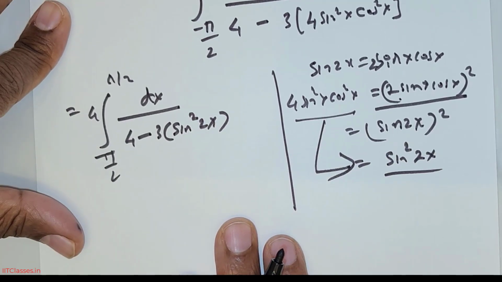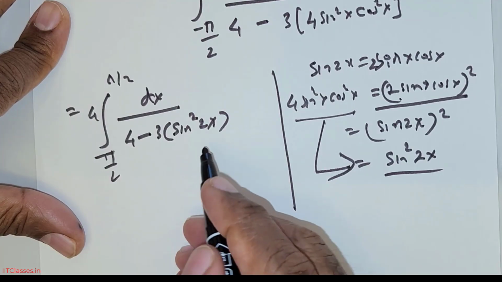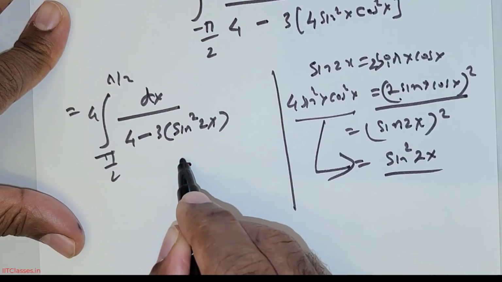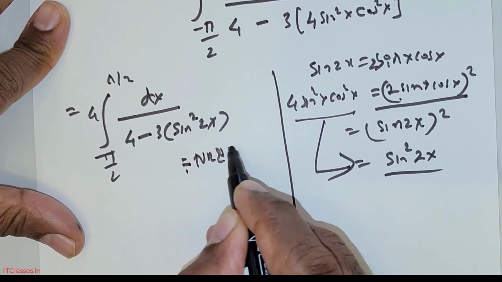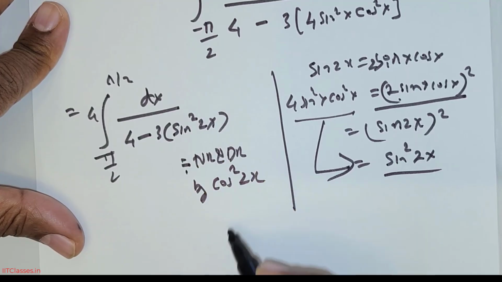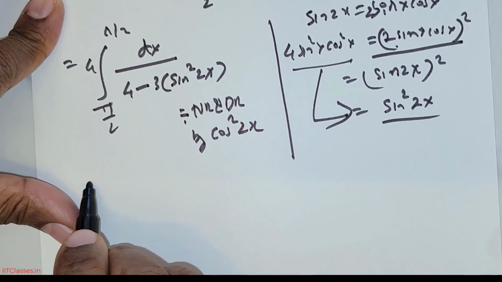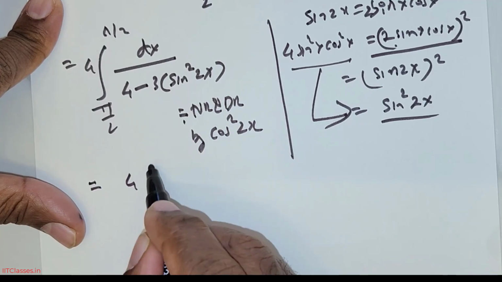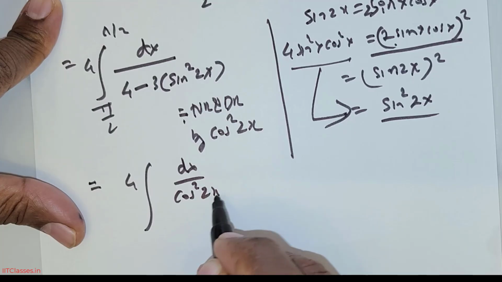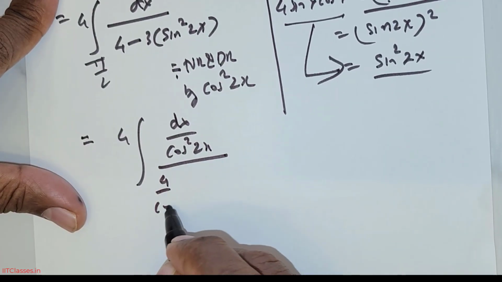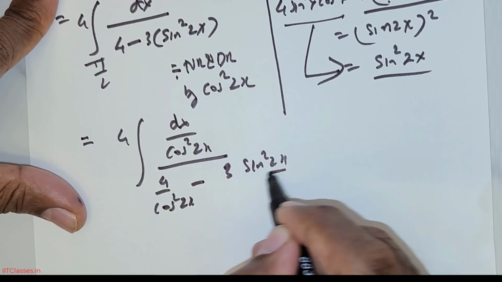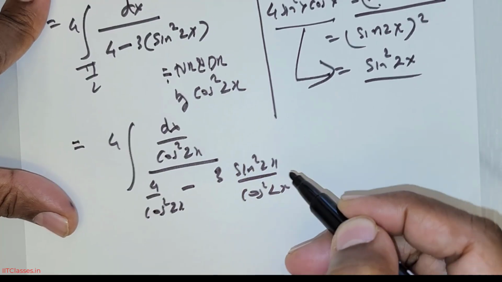Okay, so now the question comes, how do I get rid of this? I'm going to divide the numerator and the denominator by cos squared 2x. So if I do that, this is going to be 4 times dx over cos squared 2x divided by 4 over cos squared 2x minus 3 times sine squared 2x over cos squared 2x.